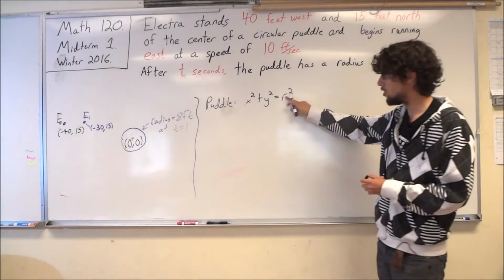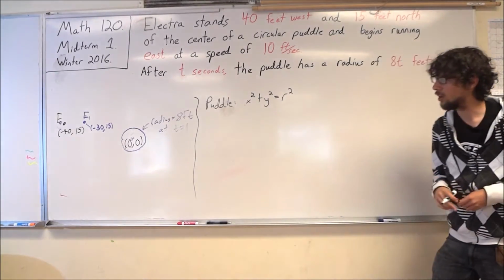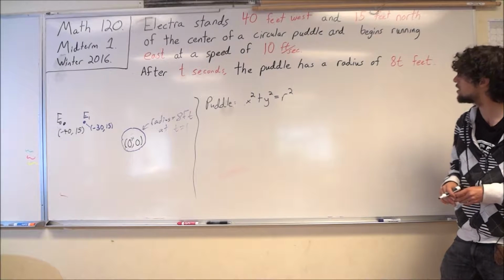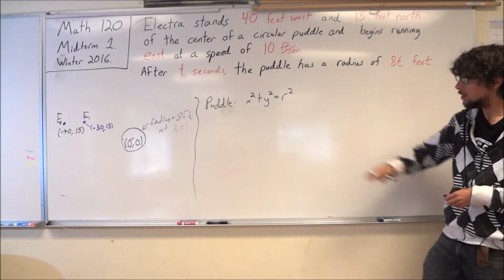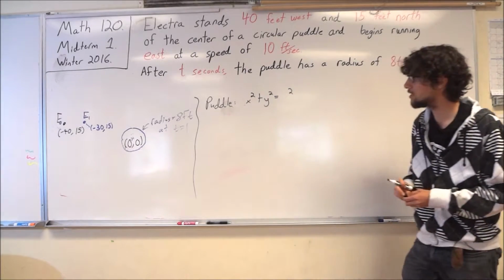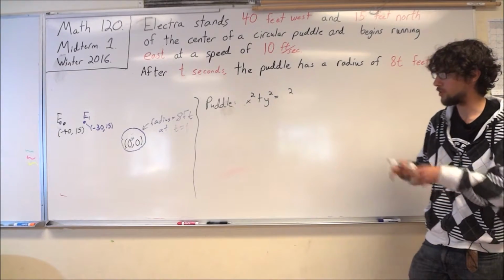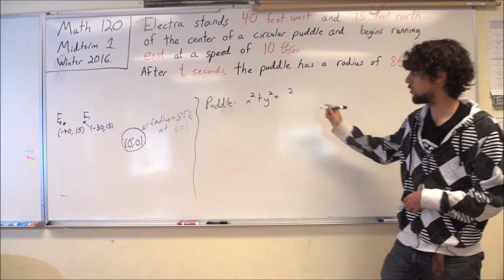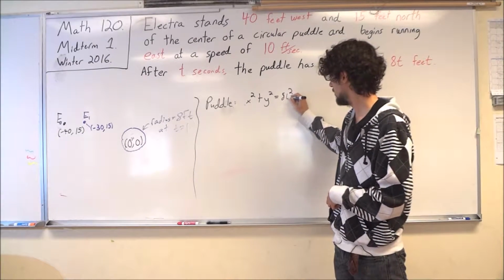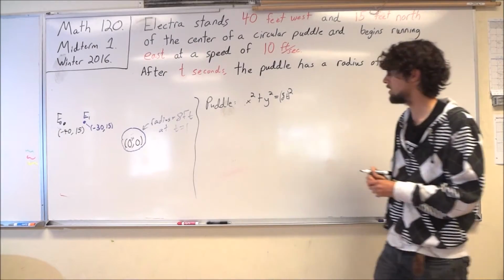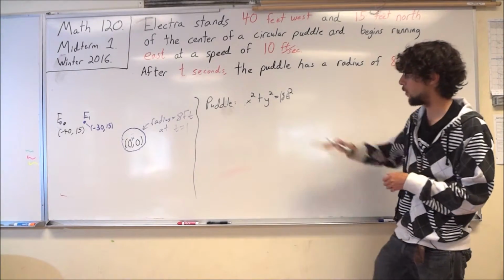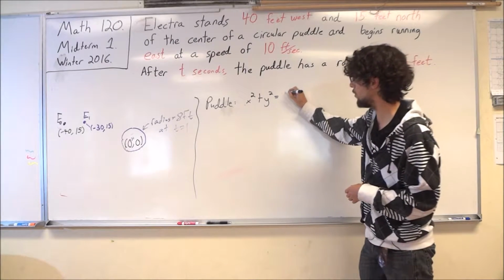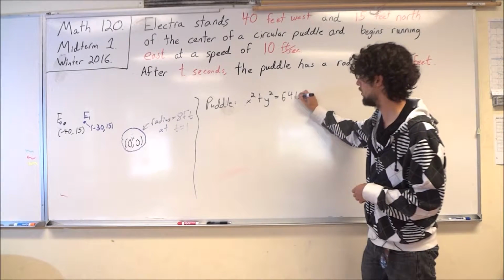I'm used to r just being a constant, but here r is actually itself a function of t. So I'll replace r and write this equation for the boundary of the puddle with respect to t as x squared plus y squared equals (8t) squared, or a little bit simpler, 64t squared.